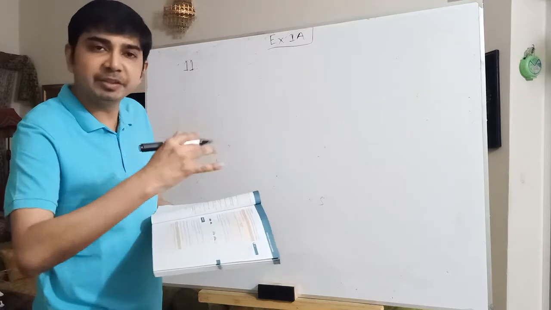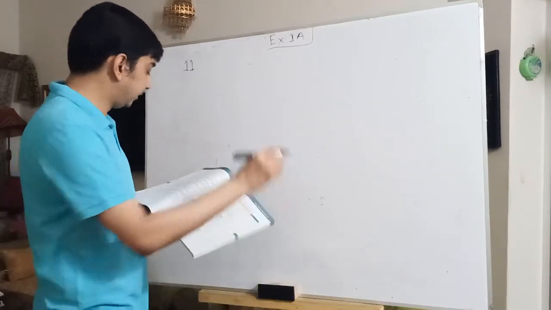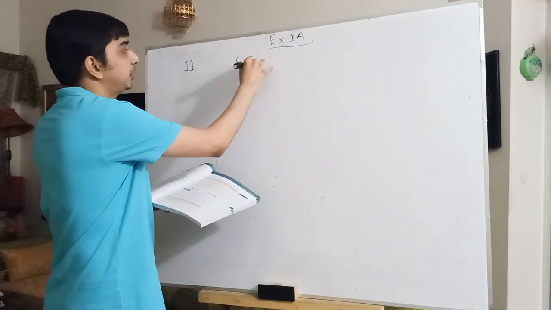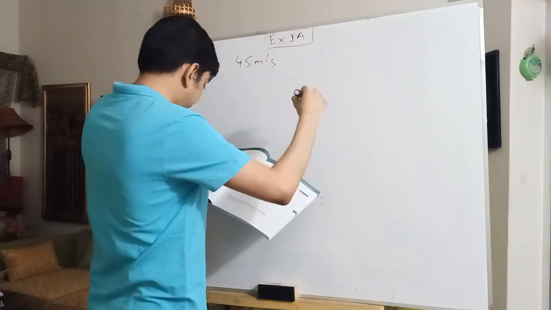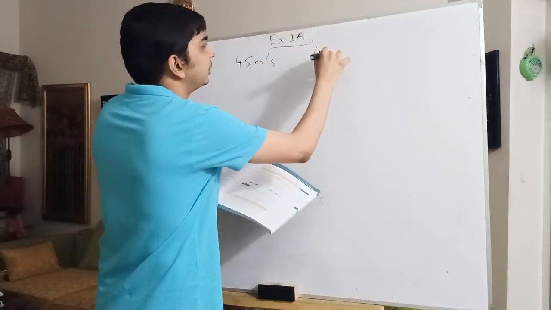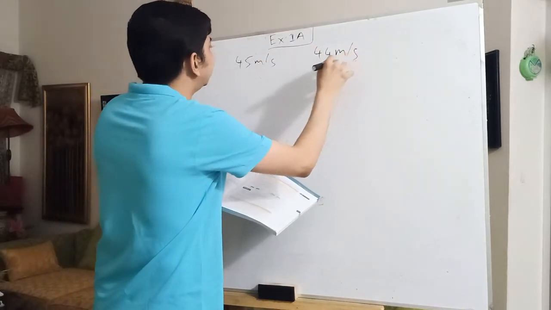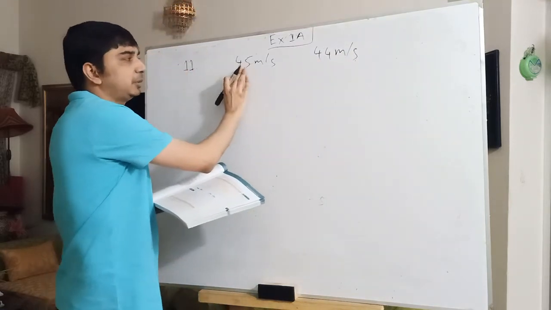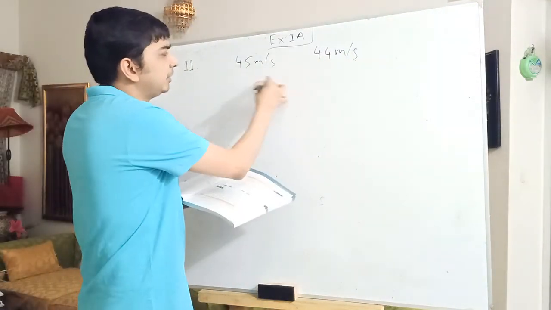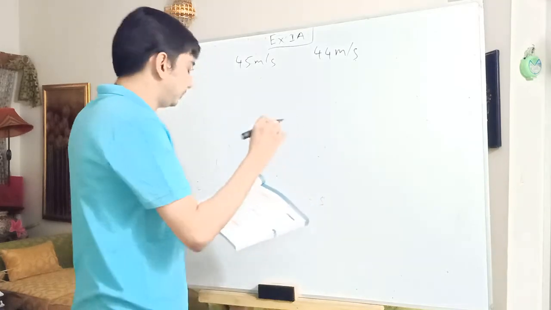So the length of the race is the same for both cars. The faster one is traveling at 45 meters per second and the slower one at 44 meters per second. They travel the same distance.